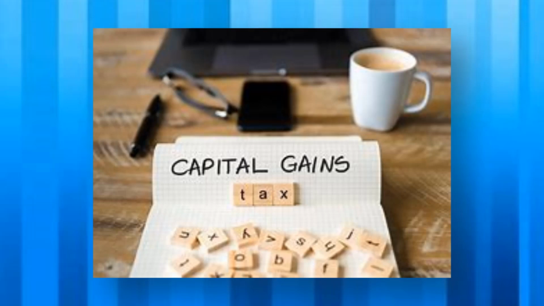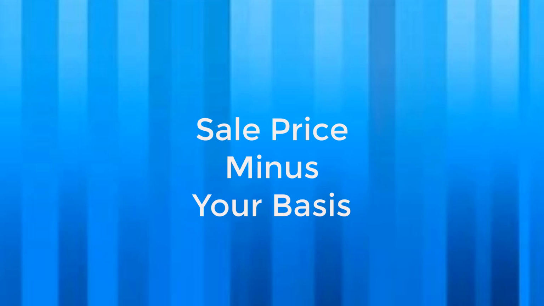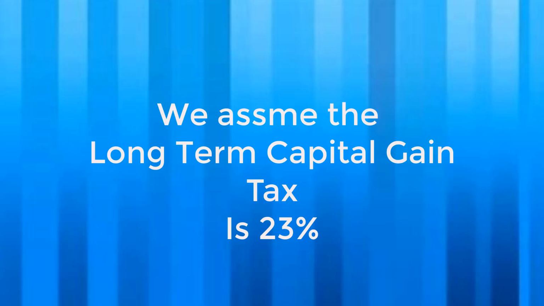That's computed by the sale price in excess of your basis, or what you paid for it. Now, basis is a very complex subject and too long for this video, but our computation will take this tax of about 23% into consideration. For the sake of this hypothetical example, I'm going to assume that the IFDF member has no basis. This tax is 23% of the gain as of today.